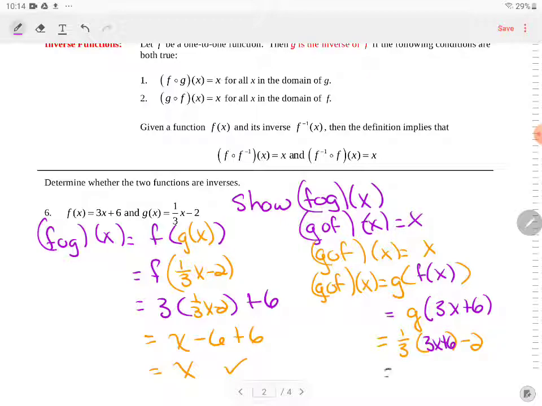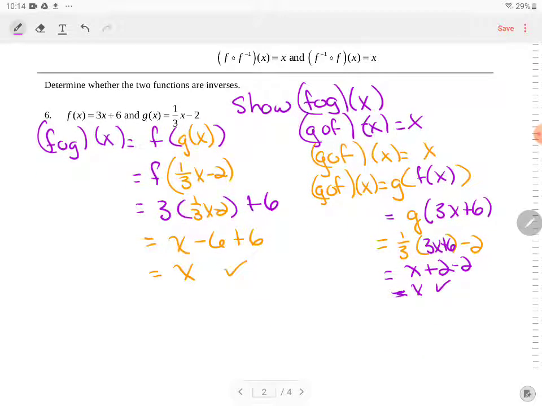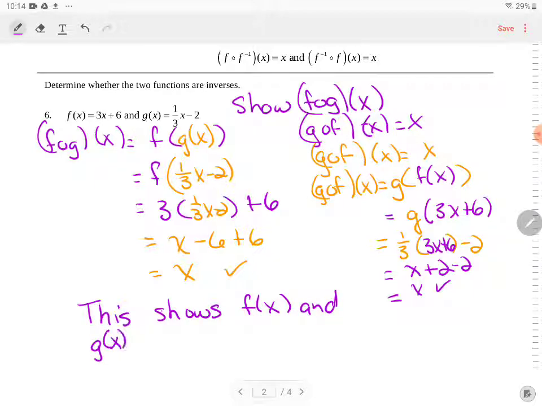If we distribute, we get x plus 2 minus 2 equals x. Because we've shown that both compositions, f o g and g o f, are equal to x, this shows f of x and g of x are inverses.